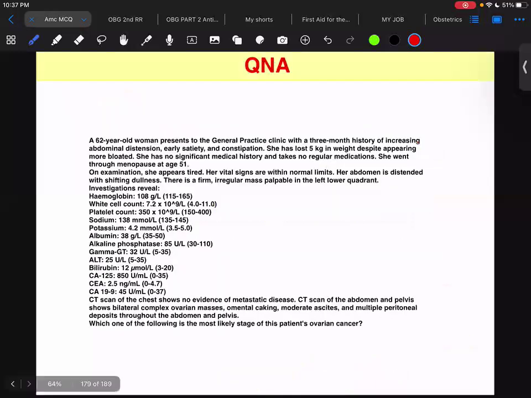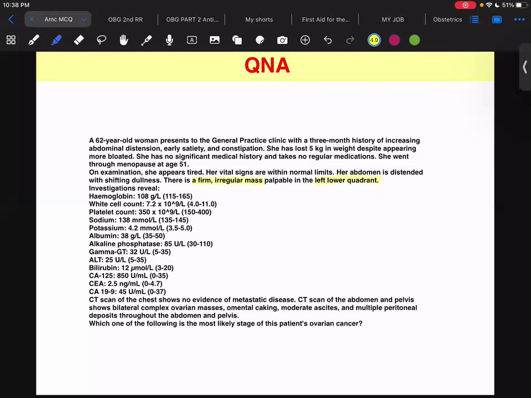So here we have a question. I will just give you a gist about it. The patient has some constipation, loss of weight, and bloating, and there is a firm irregular mass palpable in the left lower quadrant.